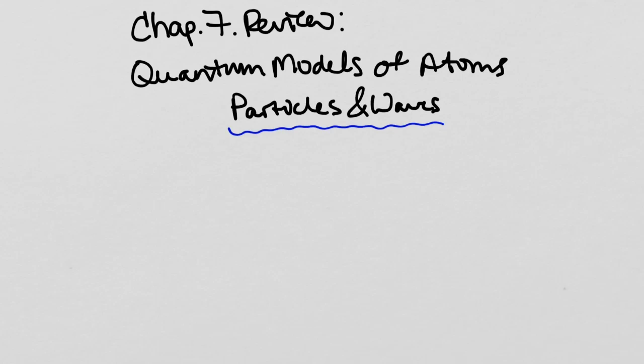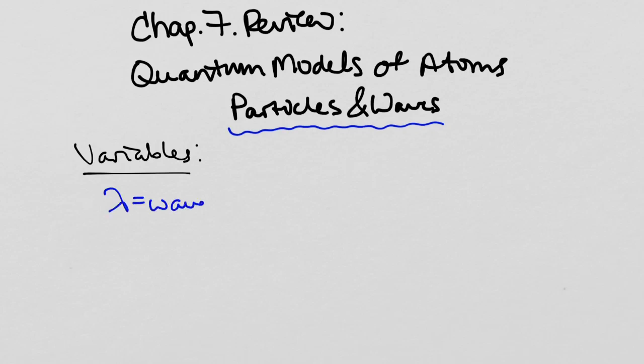We're going to go over a couple of variables. We have two that we're actually going to highlight at the moment, and then we're going to do one constant. Variables, first off, is lambda. This lambda stands for wavelength. And I know you're saying, Ethan, what the nuts is a wavelength?